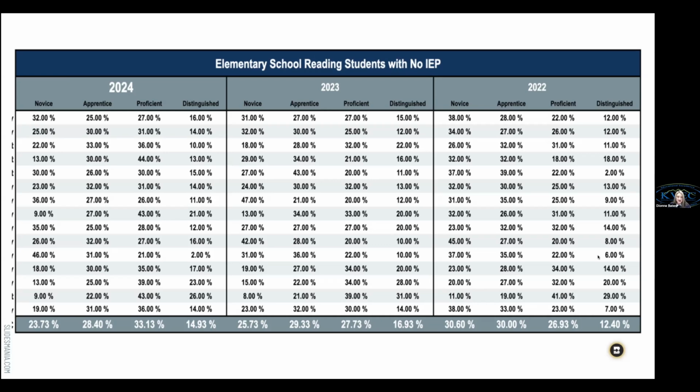We've decreased apprentice, and we're looking at elementary reading scores right now. It looks like we've increased proficiency, but we've decreased in distinguished. So if we're just thinking about that in the framework of overall data and how we're doing here in this region of Kentucky, that kind of gives us an idea about how our students without disabilities are doing.